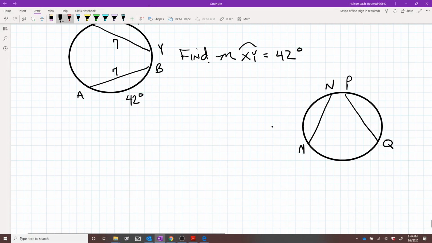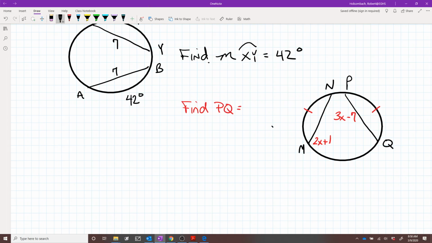Now, with tick marks or arc marks, arc NM is congruent to arc PQ. And you're told that chord NM is 2x plus 1. And chord PQ is 3x minus 7. And you are asked to find PQ.